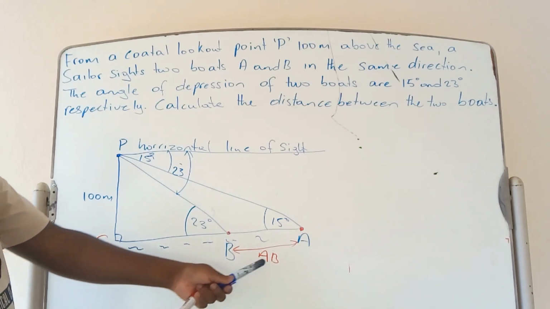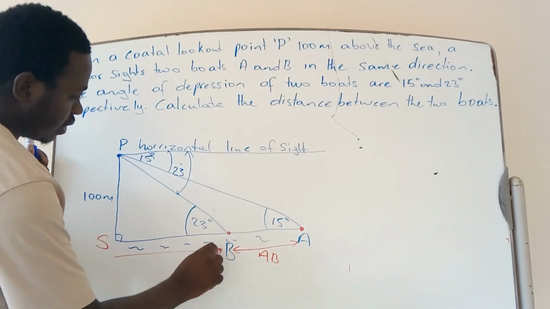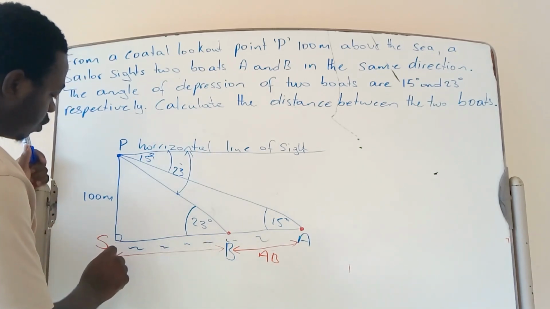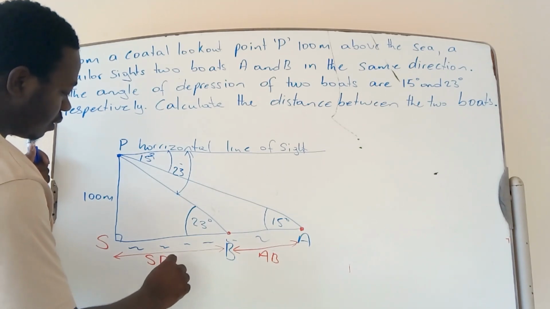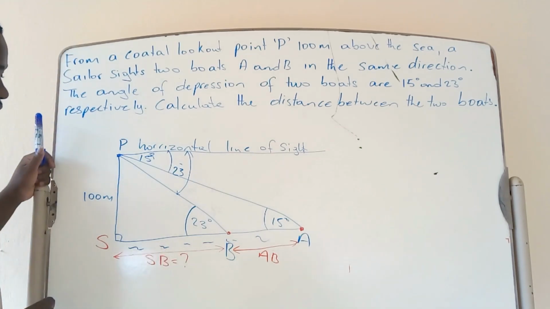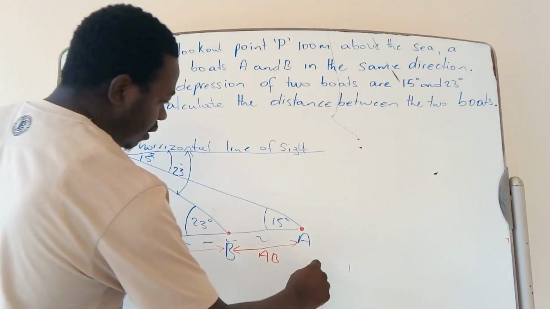How would you go about calculating it? We can calculate the distance SB, and we could also calculate the distance SA.